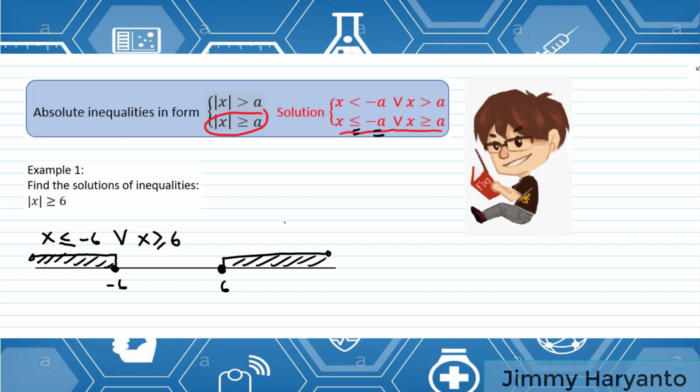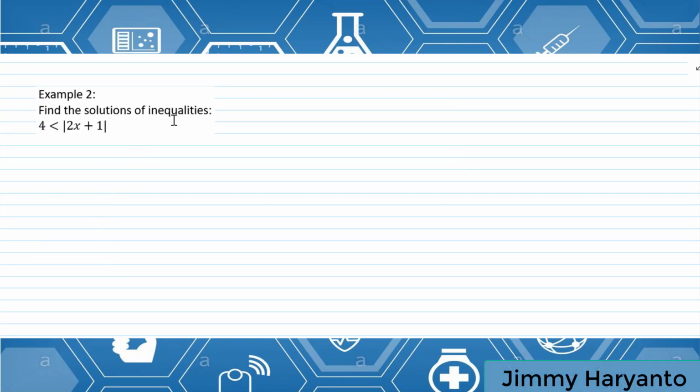Okay, next example, find the solution of this inequality. This is a different shape from the formula, so we have to make it the same as the formula by inverting the left side and the right side. We have to put the absolute value on the left side.